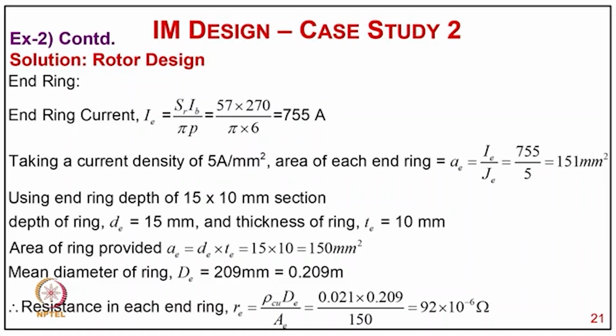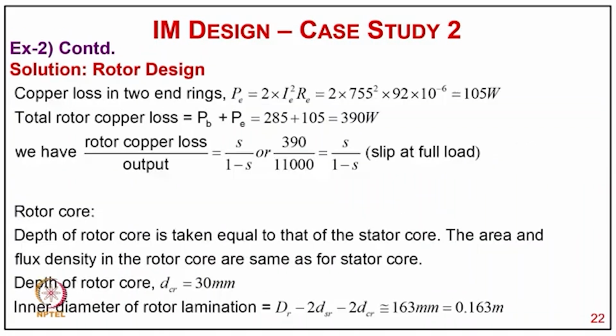The mean diameter of the end ring is 209 millimeter or 0.209 meter. The resistance of each end ring is R equals rho Cu D upon A. Putting in the values, it comes to 92 into 10 power minus 6 ohm.